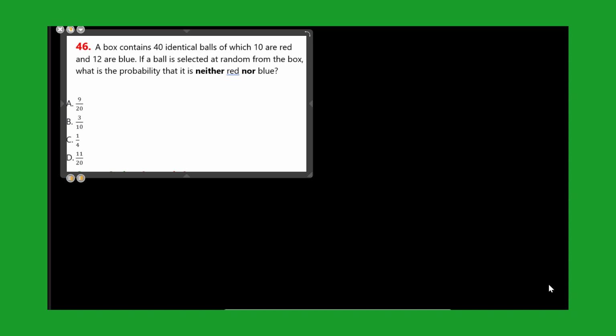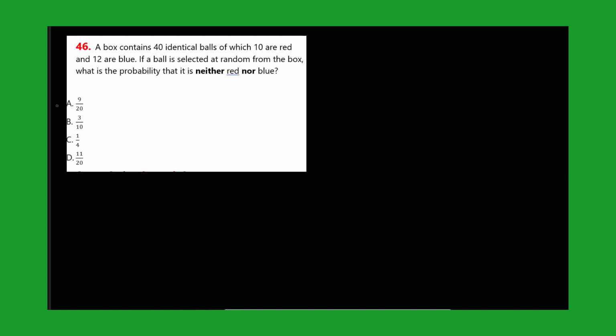Question 46. A box contains 40 identical balls, of which 10 are red and 12 are blue. If a ball is selected at random from the box, what's the probability that it is neither red nor blue? Okay, probability that it is red is given as 10 over 40, and probability that it is blue is given as 12 over 40.